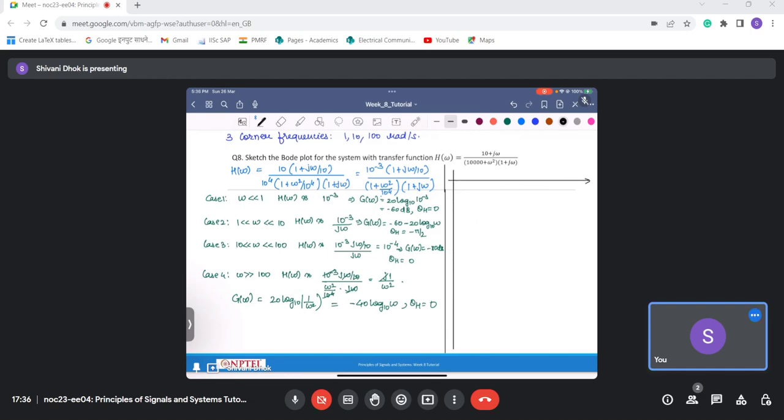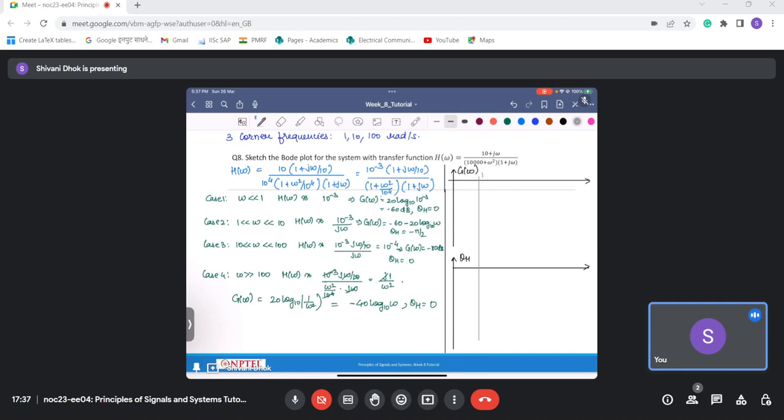So this is G of omega, and this is H of omega. Now to separate it out, this is theta H of omega, or simply theta H. This one, this is 1.